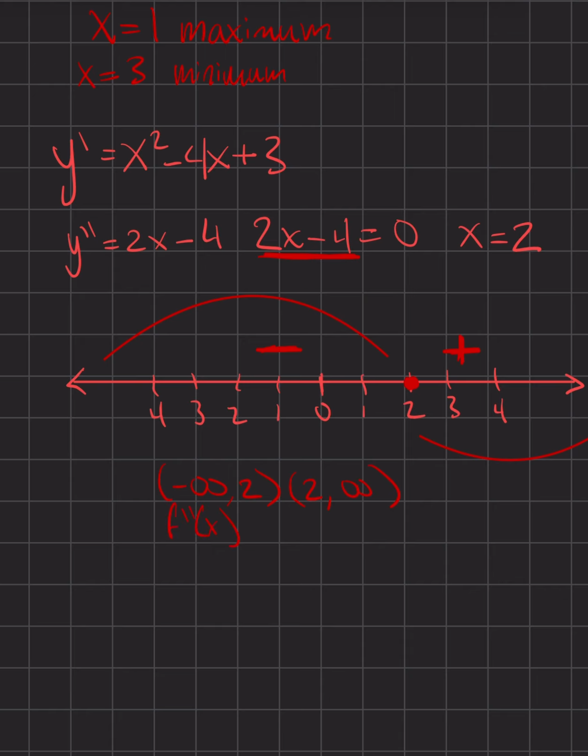That means our second derivative from negative infinity to 2 is going to be less than 0. And our second derivative from 2 to infinity is going to be greater than 0, right? So this means that this one is going to be convex. And this one's going to be concave, right?